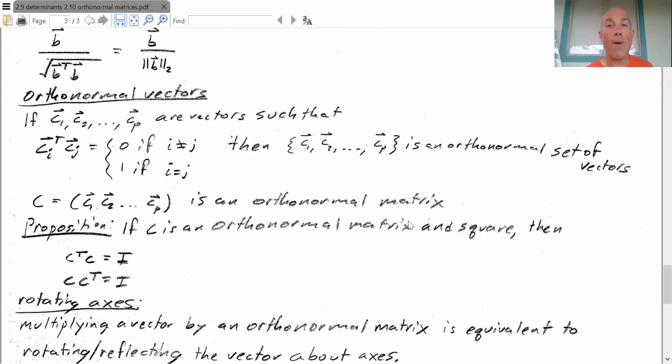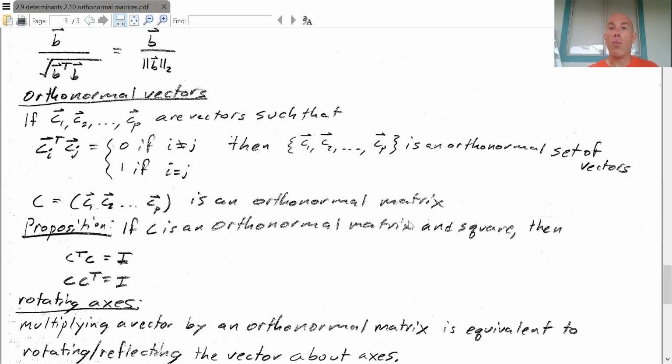Now, orthonormal vectors. These are the vectors we want. These are like the holy grail of data. If you take design of experiments, you will spend a lot of time looking at ways to get vectors that correspond to orthonormal vectors, where all the vectors are perpendicular to each other.